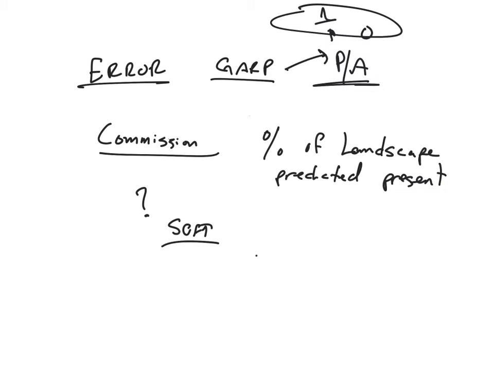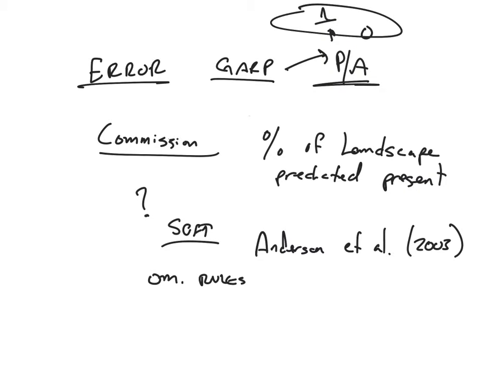So what was decided by Anderson and others, the 2003 paper, which is provided in a link below, above the comments. In this paper, it was decided that omission rules would set a cutoff for removing models with high omission, and that ideal commission would be the models that fall under that cutoff.